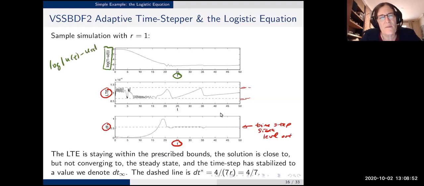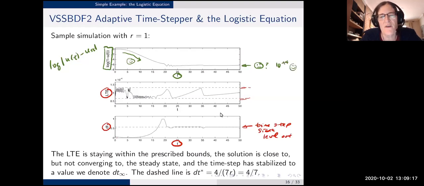It's plotted as a function of time, and initially it begins to decrease. And then it levels out. Now, if it had leveled out at 10 to the minus 14, then I'd be fine.